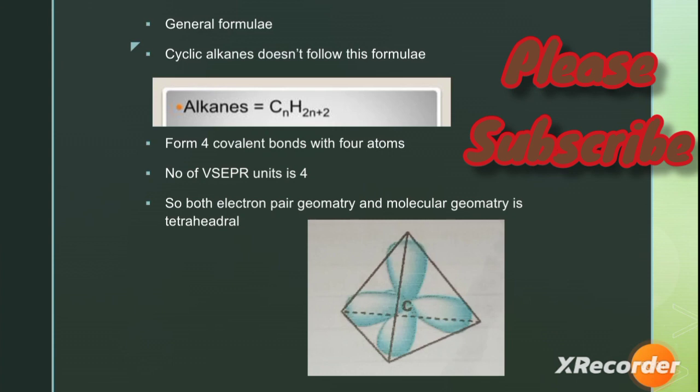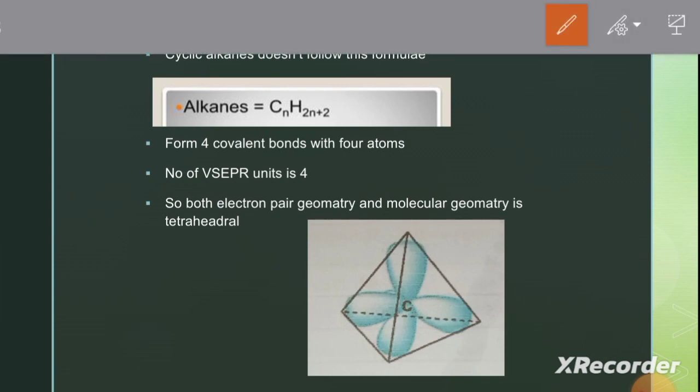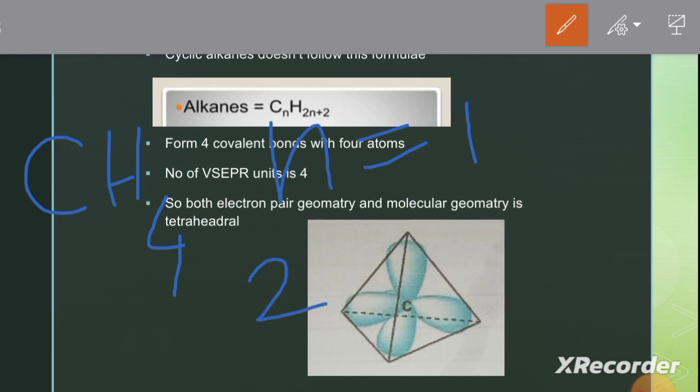The general formula of alkanes is CnH2n+2. We will see whether it is correct. Methane is CH4. So we will put this into this formula. The n value is 1. So the H value should be 2 times 1 plus 2.